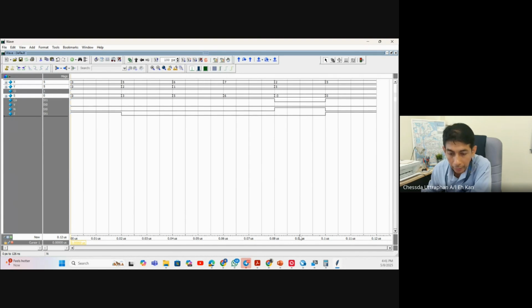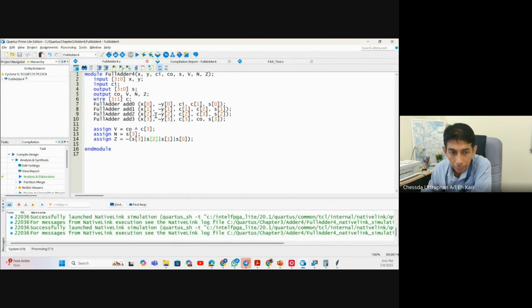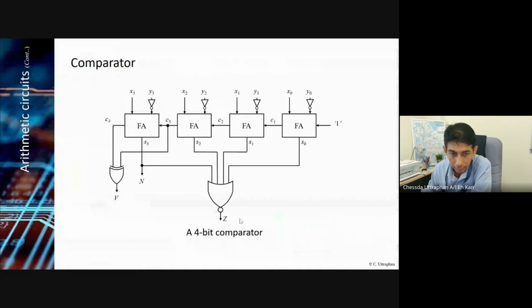In other words, we can create a comparator using a subtractor, right? This is the subtractor. Create the z to see whether the inputs x and y are equal or not. Check using the z signal.